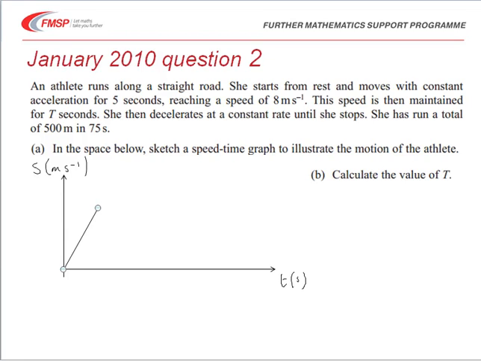That's then maintained, so we then have a horizontal line for some unknown time, capital T, after which she then decelerates at a constant deceleration.